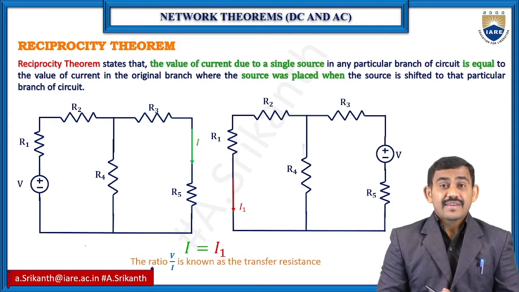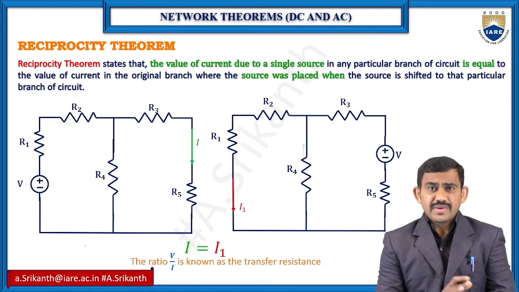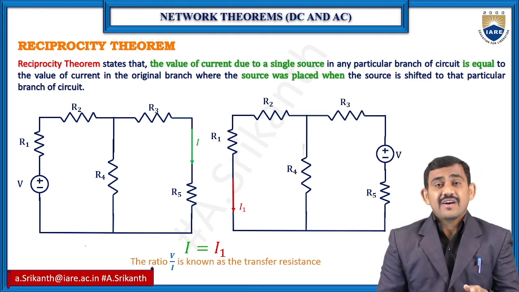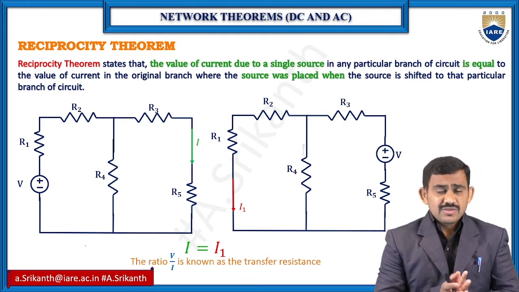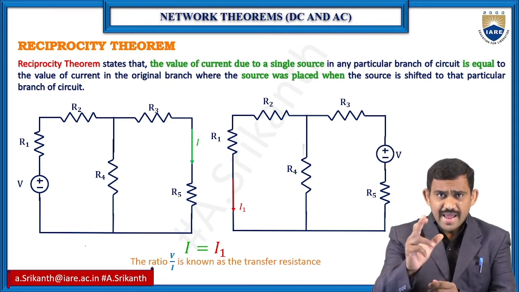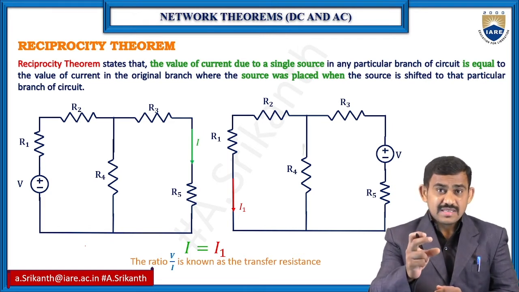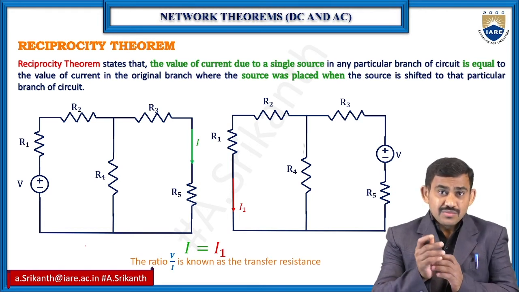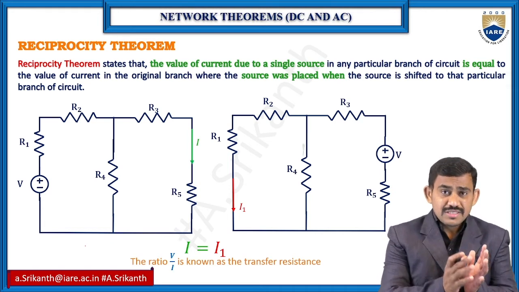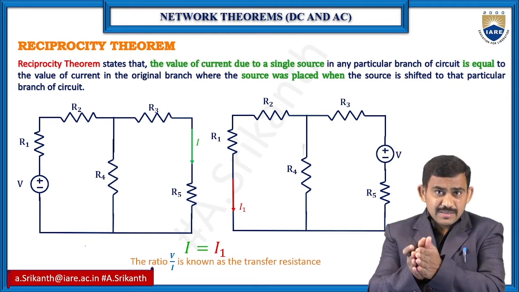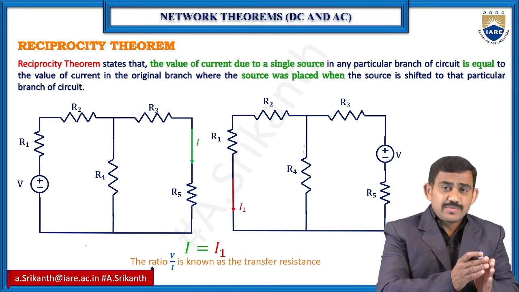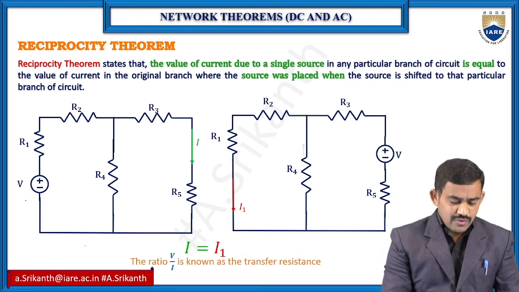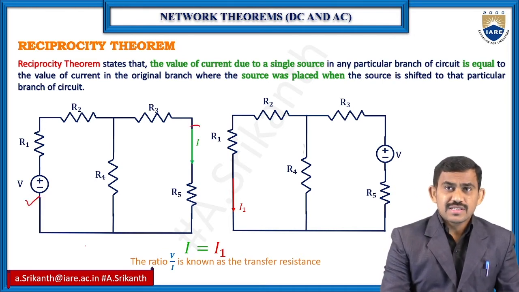Coming to one more, we have the reciprocity theorem. Reciprocity means, just remember, replace. I have one circuit and I want to find the current in a particular branch, an individual resistor. When the voltage source is replaced into that branch and we find the branch current, both are the same. If you observe the circuit, here is the voltage source and I want to find the response here.